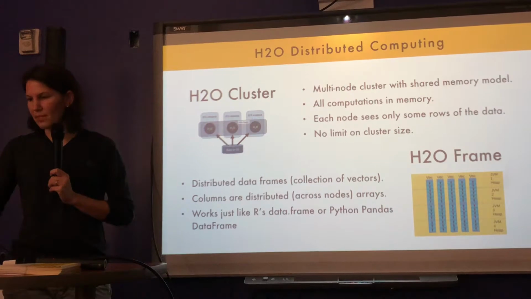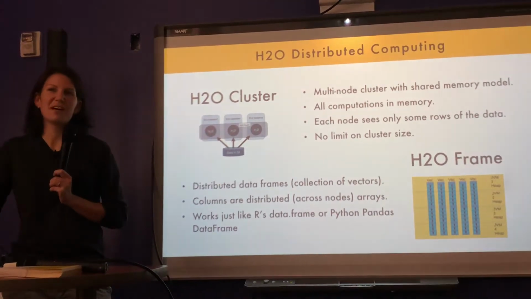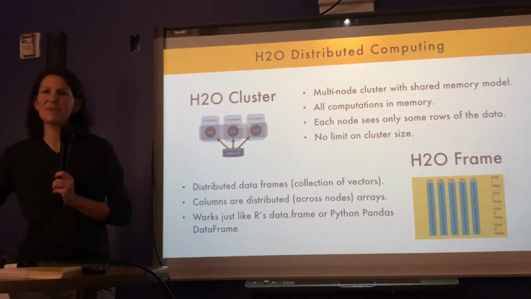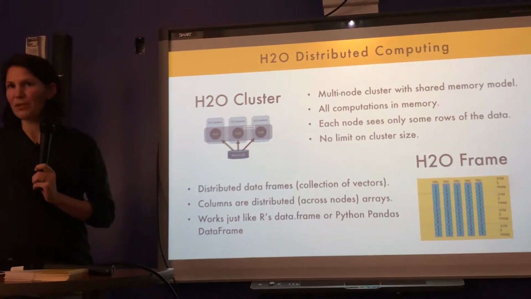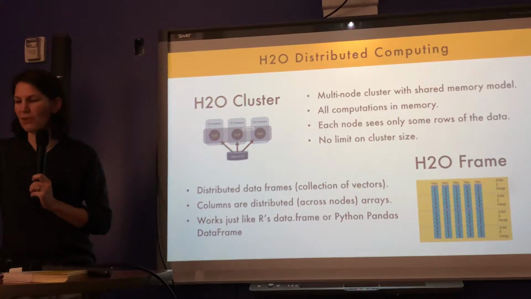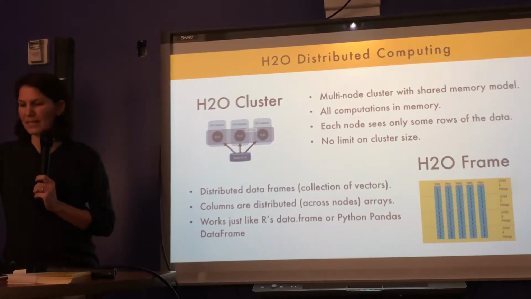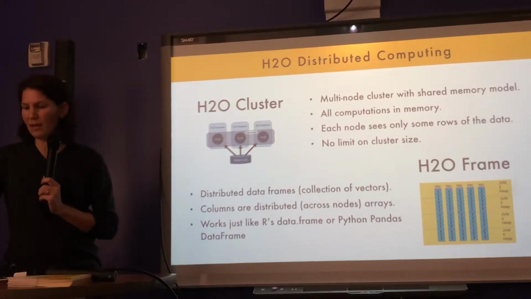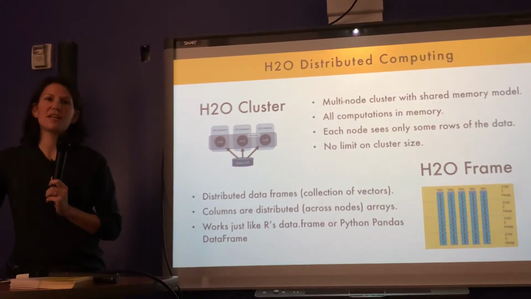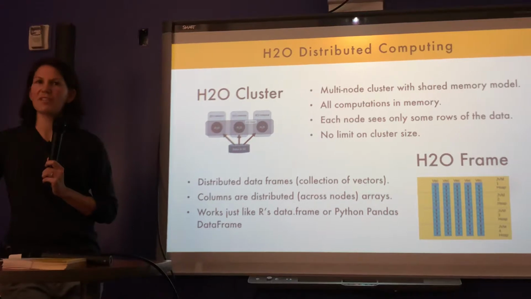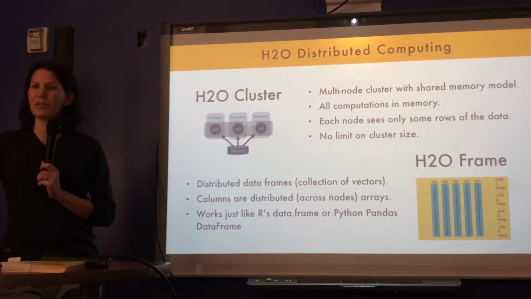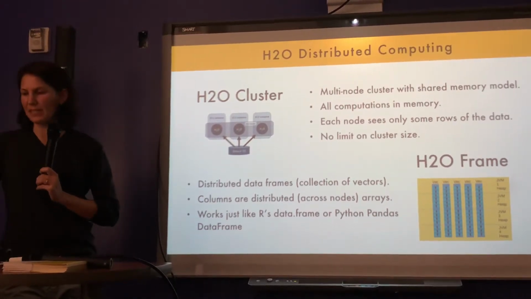And then this is the most technical slide that I have in this whole talk, but just to provide some context if people are interested in distributed computing and how we do that in H2O, I just want to introduce two concepts that we have in H2O that are important to understand. Even if you're doing AutoML, it's good to have a general understanding of what we're doing under the hood, even though you don't really need to know the details.